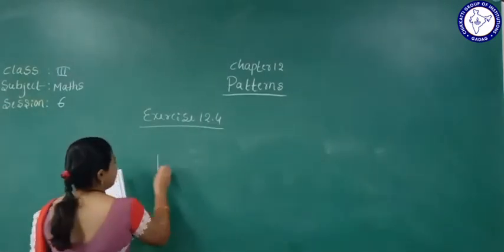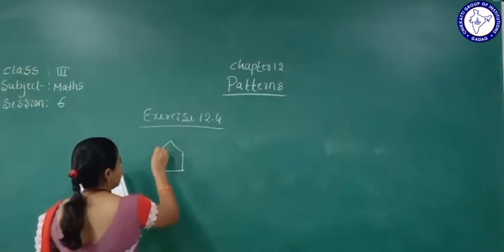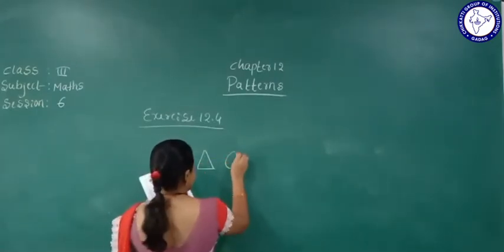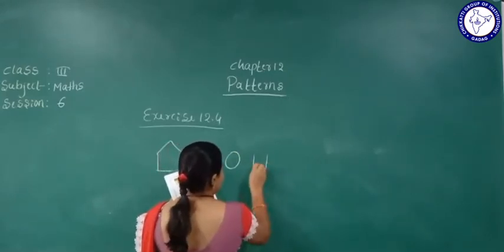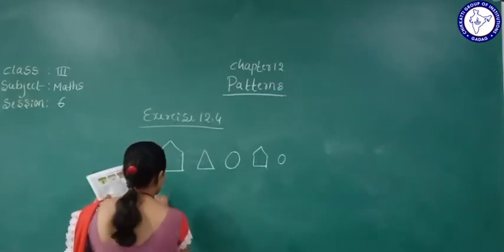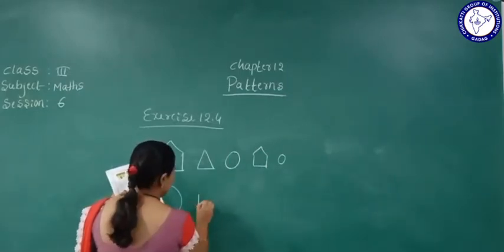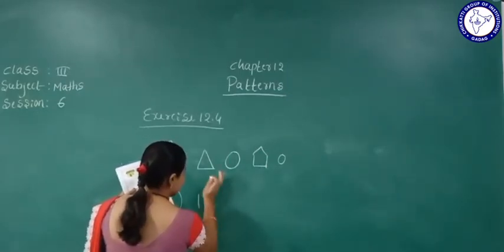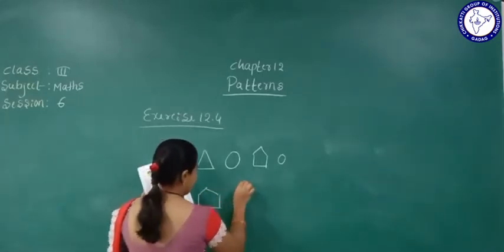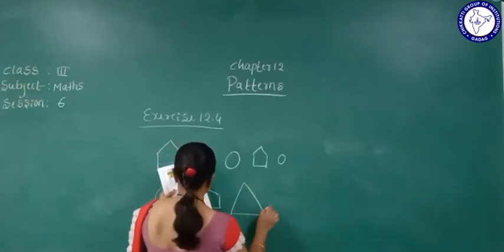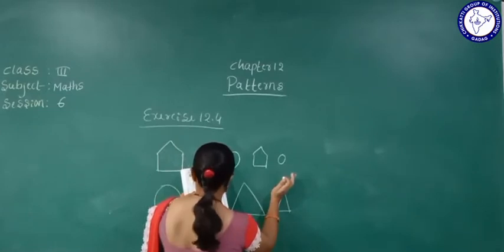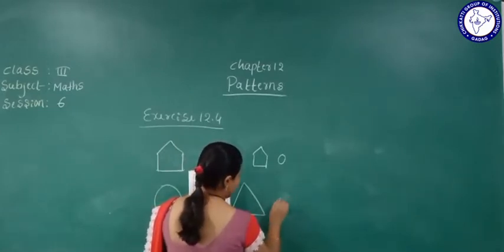One pattern is given here like this shape, and next like this circle, small size. Circle also small, and here a big circle, and then a big triangle, and a very small triangle.